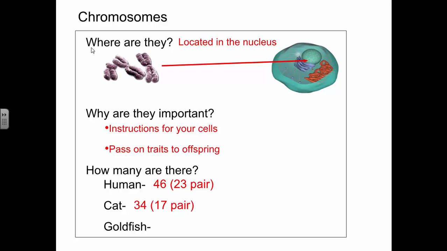What do you think? Take a guess. What do you think goldfish have? Savannah? 6. Any other guesses? Brandon? 18. 30. 16. Okay. So yeah, you guys are all giving me numbers smaller than 34. Why? Yeah.